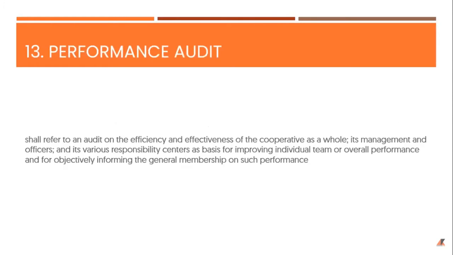Okay? We also have performance audit, and performance audit shall refer to an audit on the efficiency and effectiveness of the cooperative as a whole, its management and officers, and its various responsibility centers as basis for improving individual team or overall performance and for objectively informing the general membership on such performance.